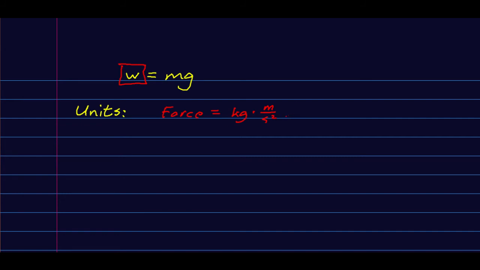And so those are the units of force, kilogram meters per second squared. But that's kind of a mouthful, isn't it? So we define the Newton, we call it N. And 1 Newton is 1 kilogram meter per second squared.